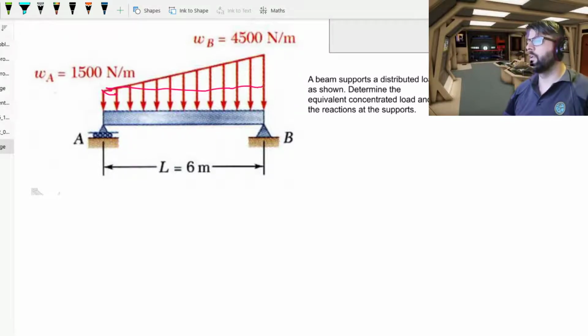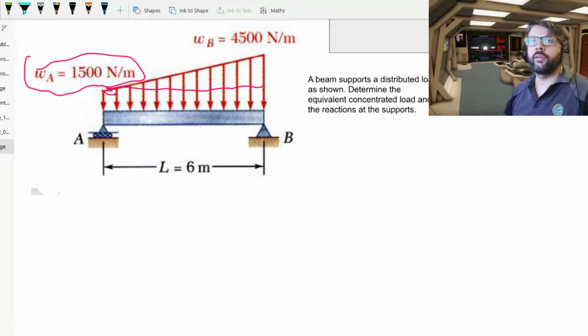So essentially, we can treat it the same as if we have a uniformly distributed load of the 1500 newtons per meter, and then a triangularly distributed load of this 1400 minus the 1500 to give us that area here. So that is the height of the triangle. The base is still the 6 meters for both of them.